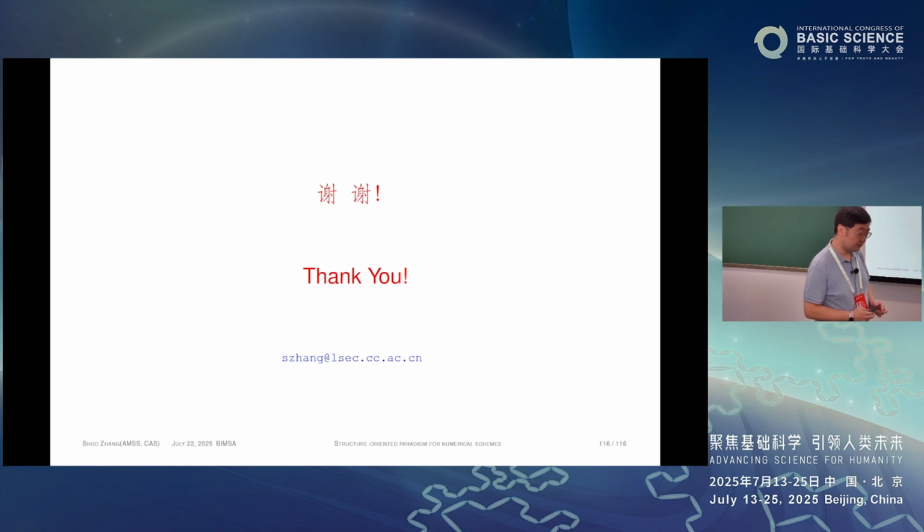Generally, if you can impose a finite element space in a discrete complex, that is to say, some more structure can be preserved. So generally speaking, if you have this preservation, it can be expected to be better than not.